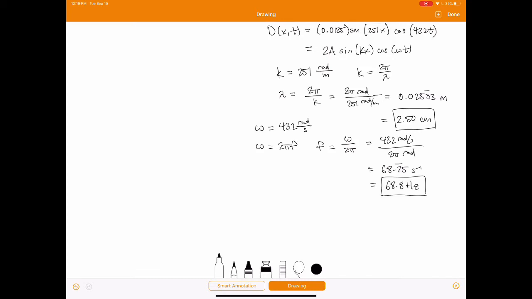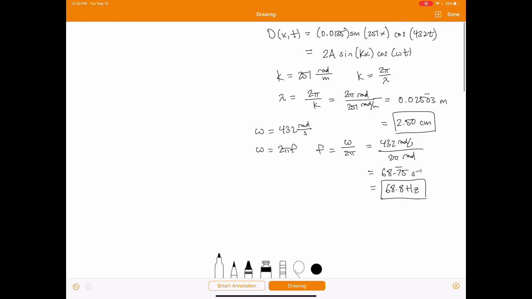Okay, for the last part of this, we're going to see what happens when we plug in a particular value of x. So x is equal to 3.45 centimeters. And then we'll just leave t alone. So what do we get? We have 0.0135 out front. And then we'll have sine. We're taking the sine of 251 radians per meter.